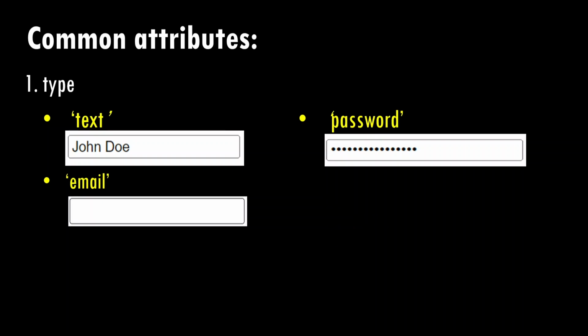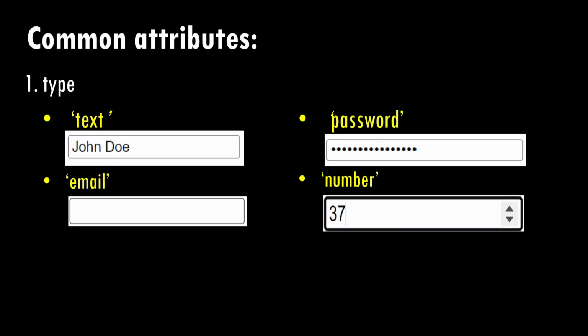It almost looks like input type text. Next is number, an input for numeric values, often with up down controls like this. On the right side you can clearly see up and down buttons or controls.